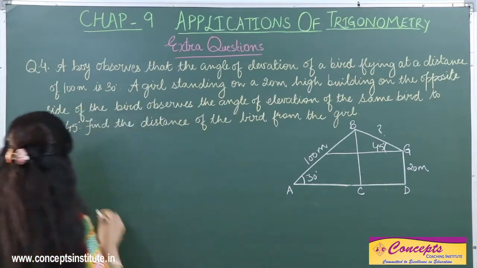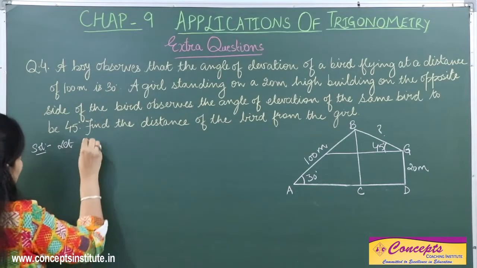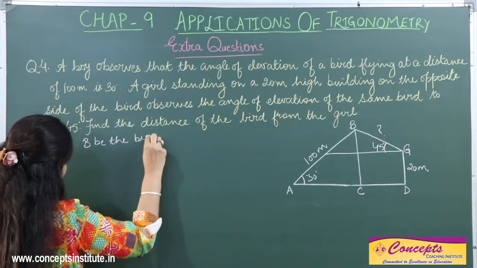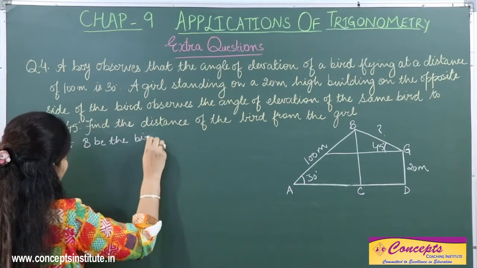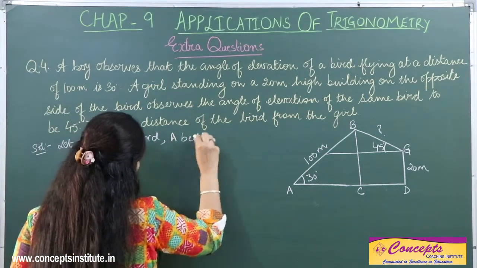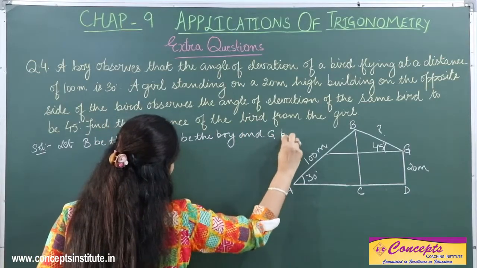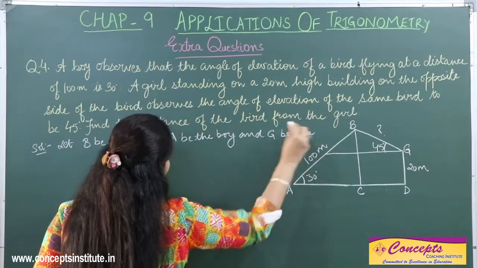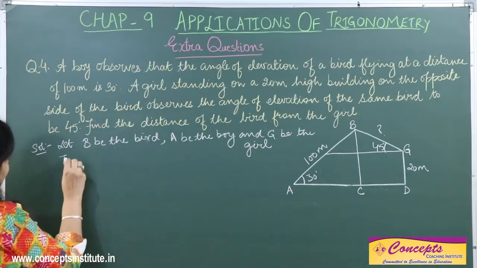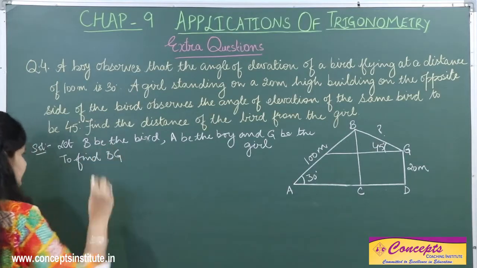So let me just write, I will say let B be the bird, A be the boy and G be the girl, right? So I have to find out the distance BG.